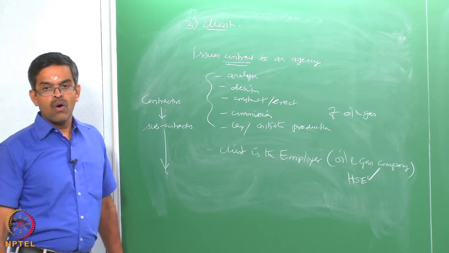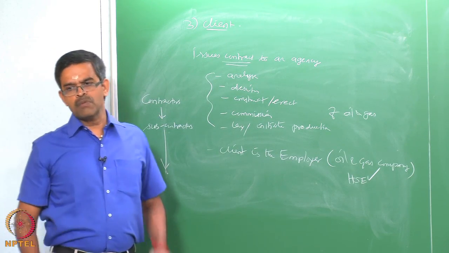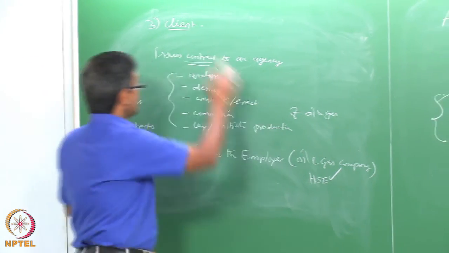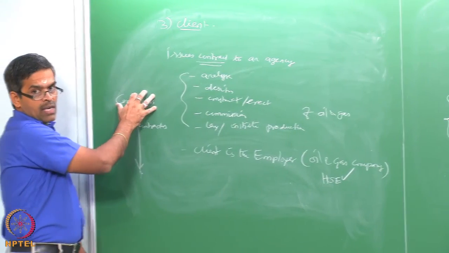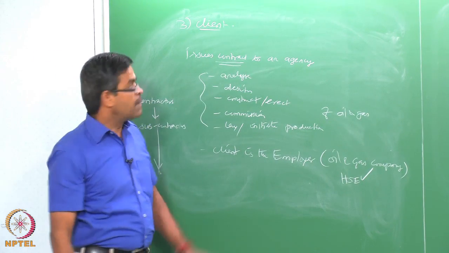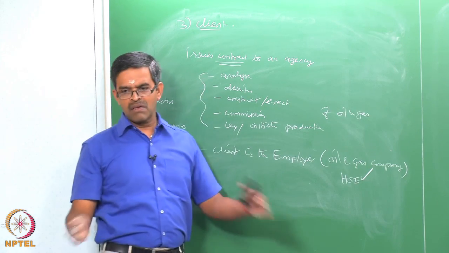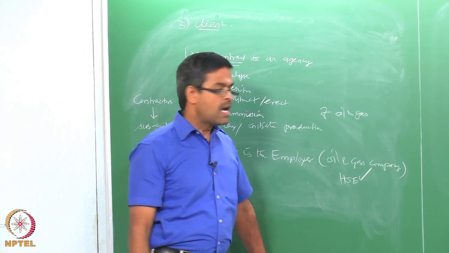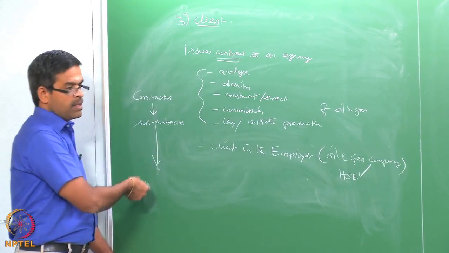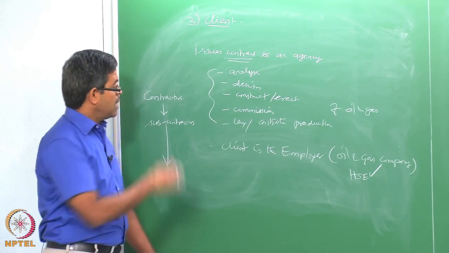So, client owns the total responsibility of safety commitment to the society, because he is the person who is hiring the contractor and subcontractors for getting the work done. So, the client cannot wash away his hands saying, I have a very good HSE policy, but my people who are employed by me did not follow them and they should be penalized.